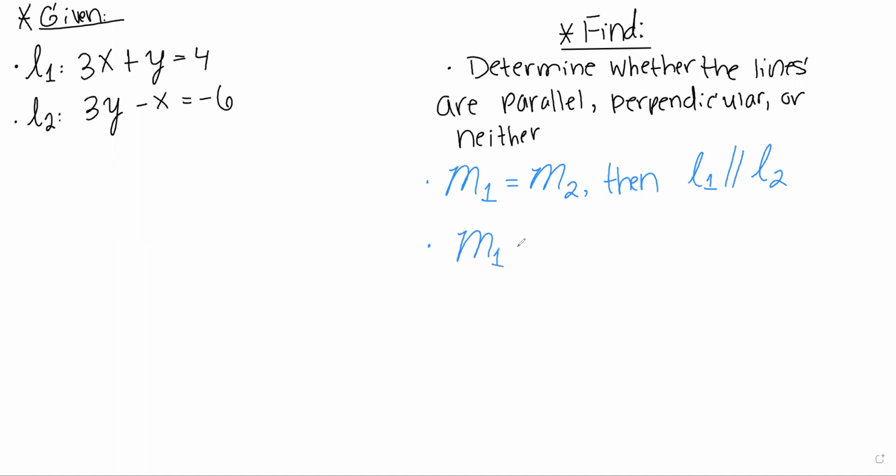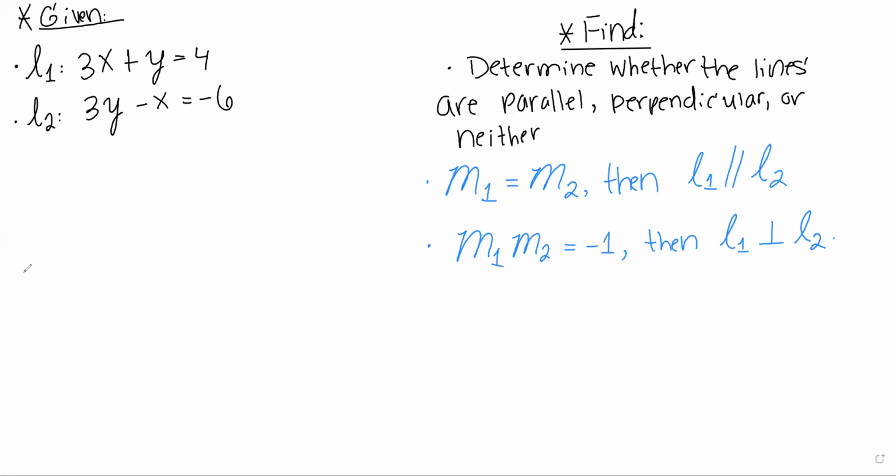If the product of the slopes equals -1, this concludes the slopes are negative reciprocals of each other. If the slopes are negative reciprocals, then line 1 is perpendicular to line 2.